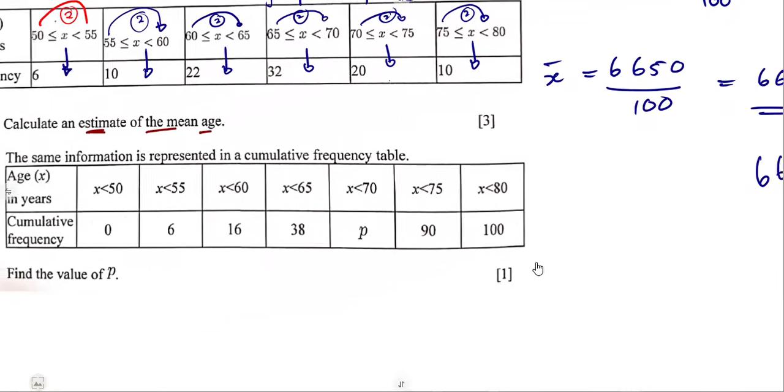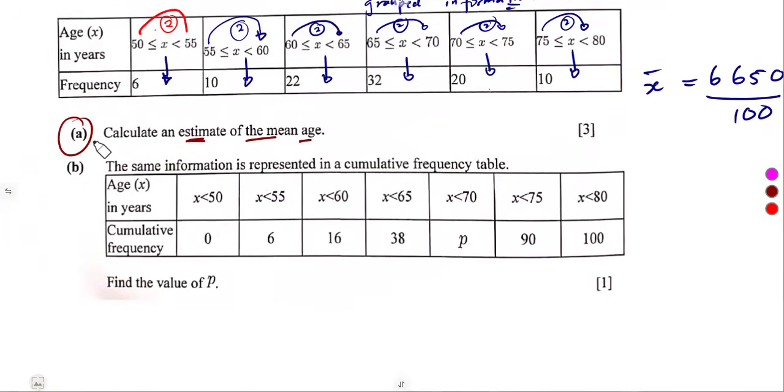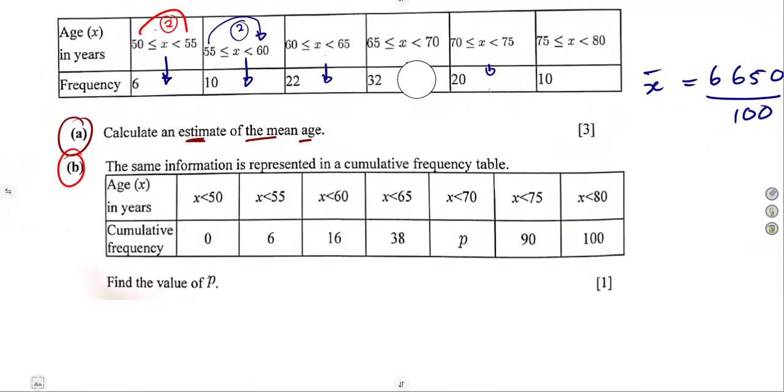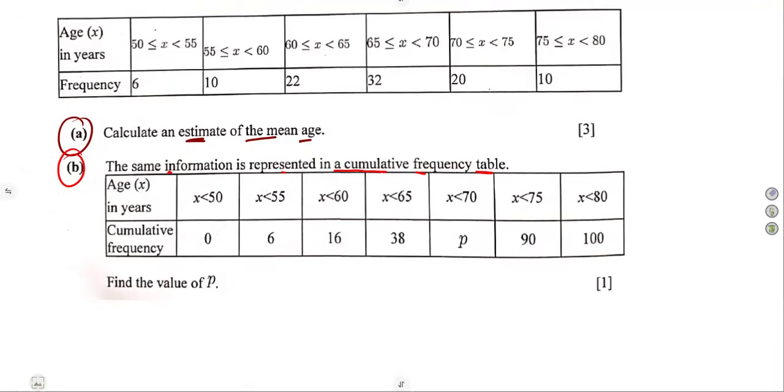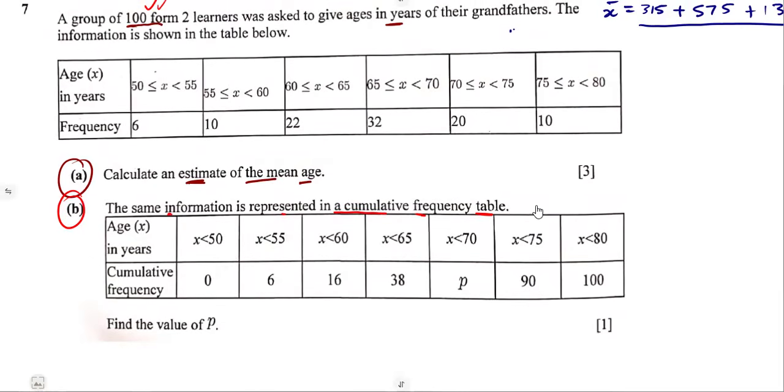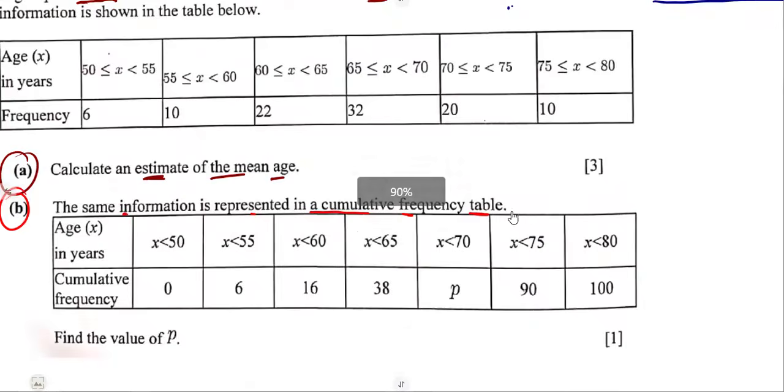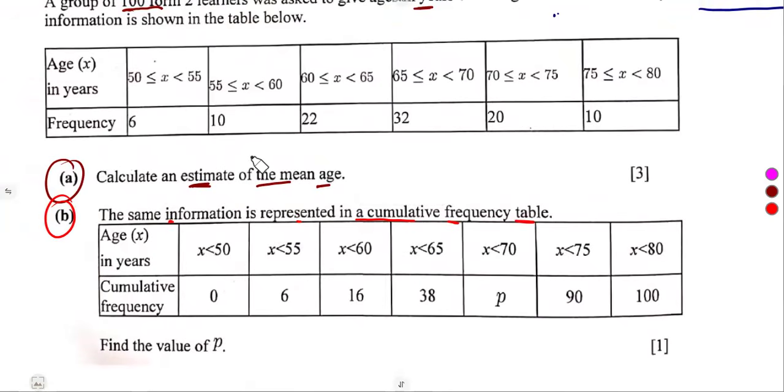All right. Then from the information that you're given, we have part B, the same information, meaning this table that we had above is represented in a cumulative frequency table. It's a part that you need to actually understand when you are working with grouped information, grouped data.